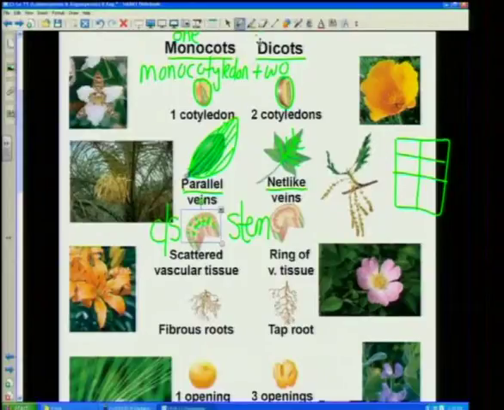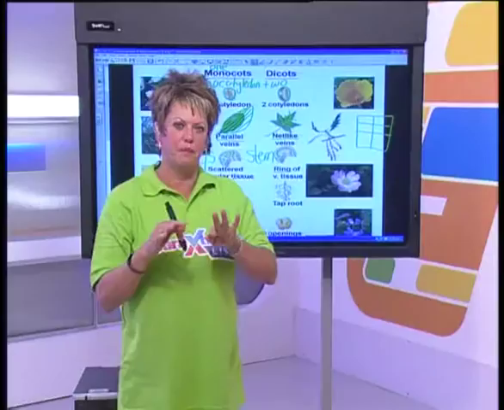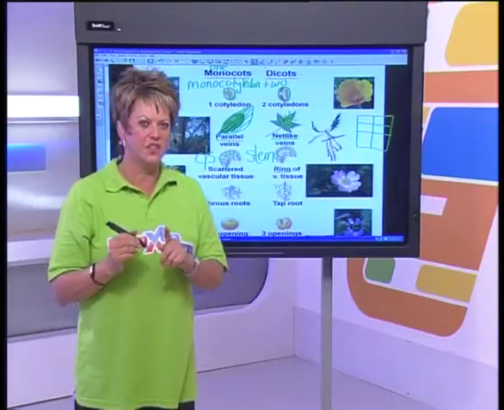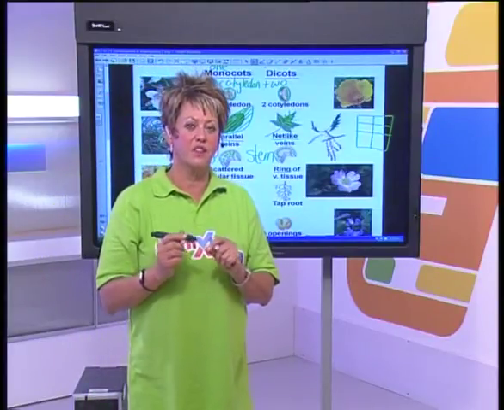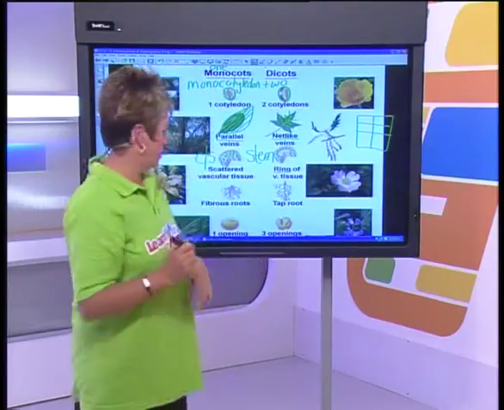And what do they look like in a dicot stem? You can remember it's in a little circle or in a ring. So you'll have to make a cross section of the stem to see the vascular bundles inside. What are vascular bundles? Vascular bundles consist of xylem and phloem.